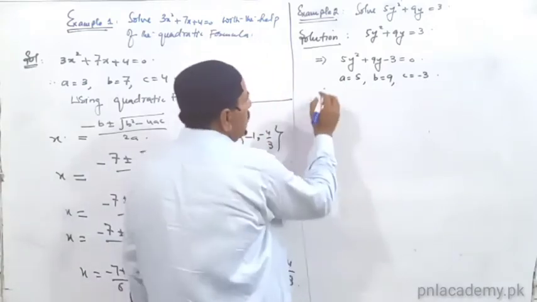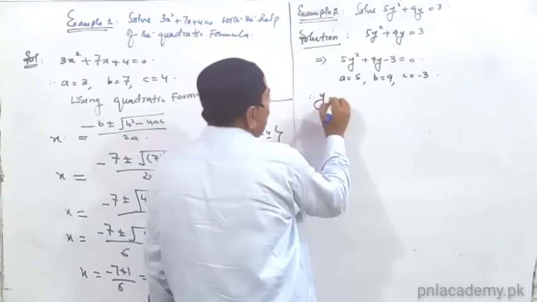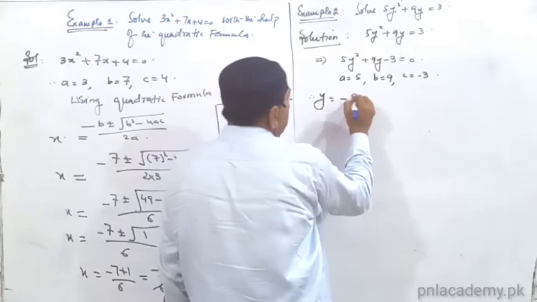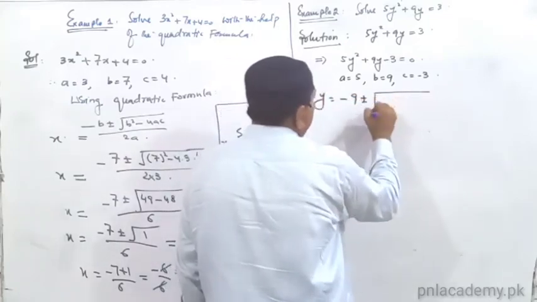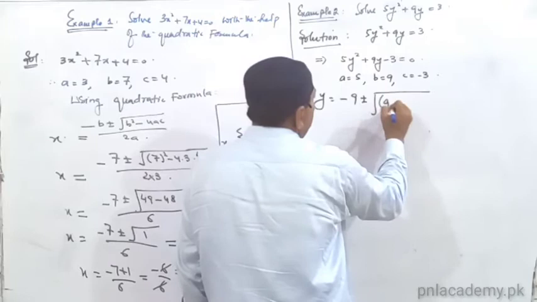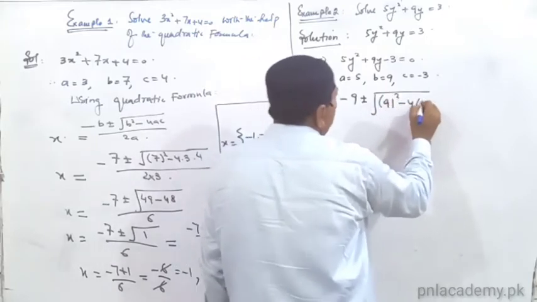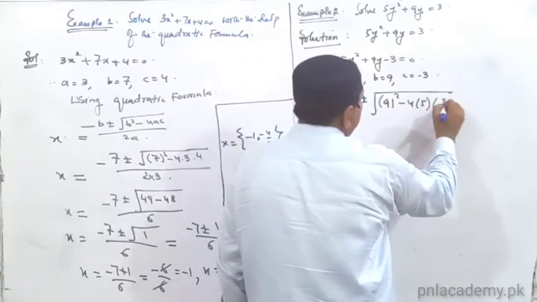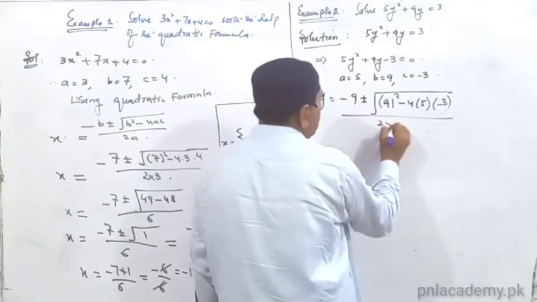By using the quadratic formula, y is equal to minus b, means minus 9, plus minus radical b square, means 9 square, minus 4 into 5, the value of c is minus 3, upon 2a, means 2 into 5.